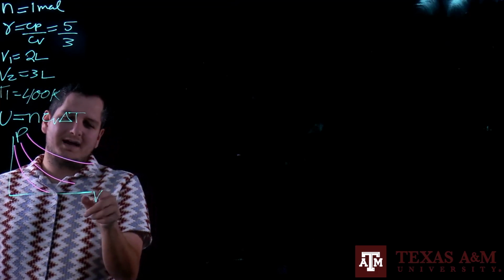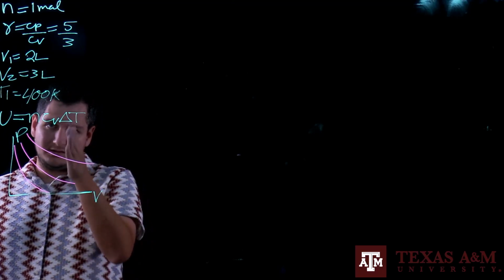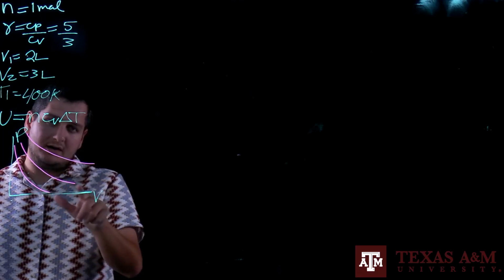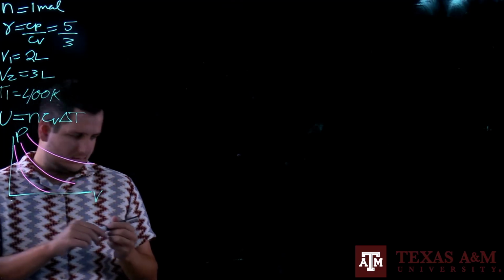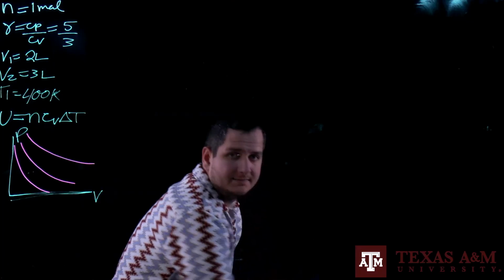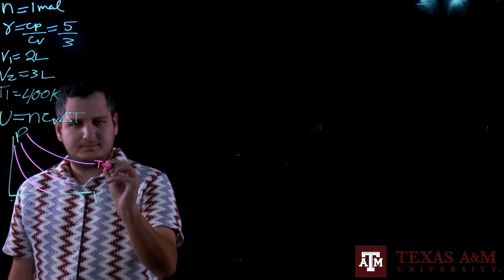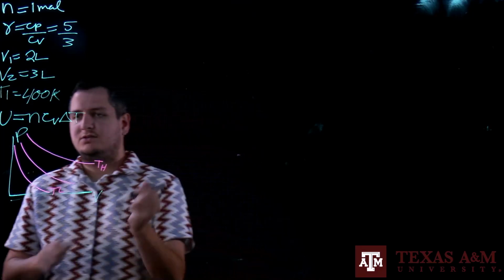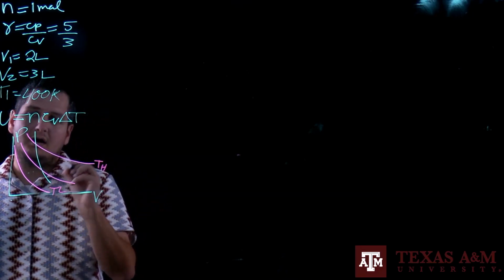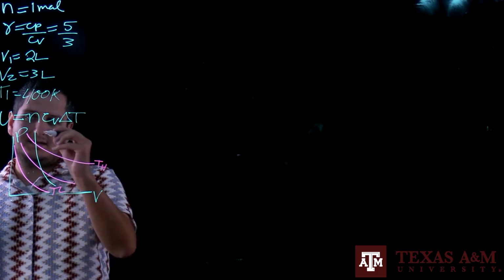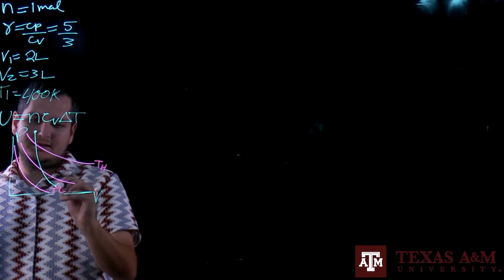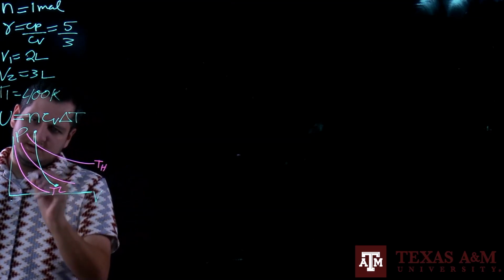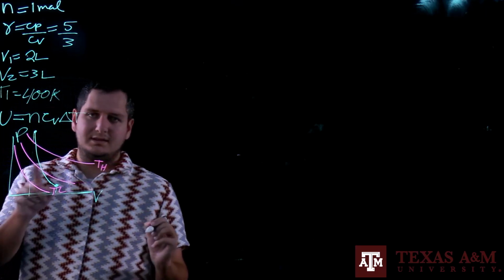You don't have constant volume, so you're not moving vertically. And you don't have isotherms. You're not moving along these constant temperature isotherms, right? T high, T low. What you're doing instead, you're moving along these adiabats, I believe they're called, right? I believe they should be a little steeper than the isotherms.